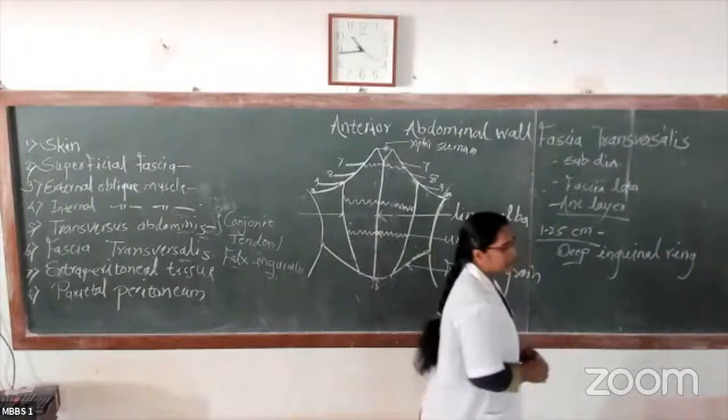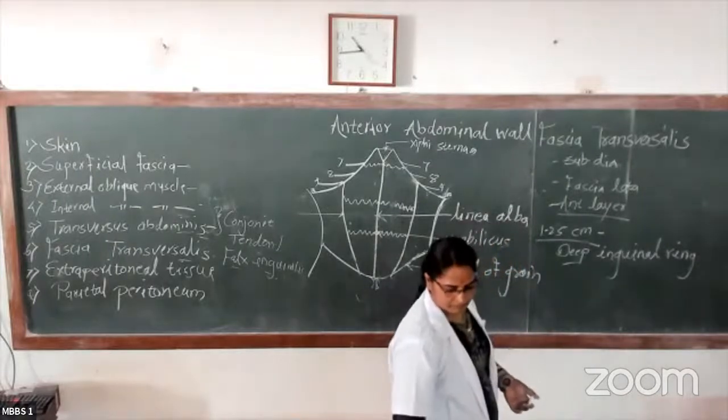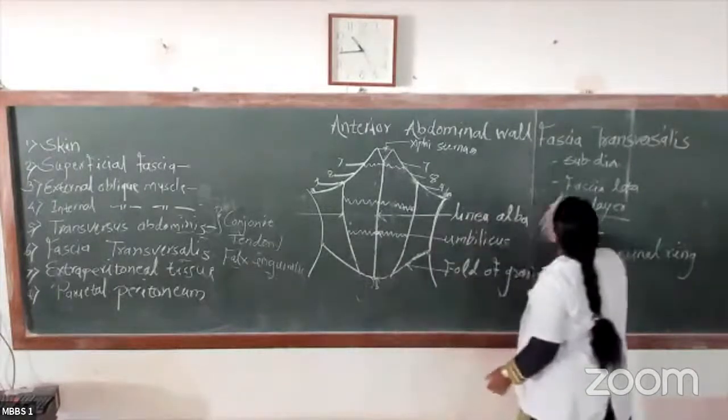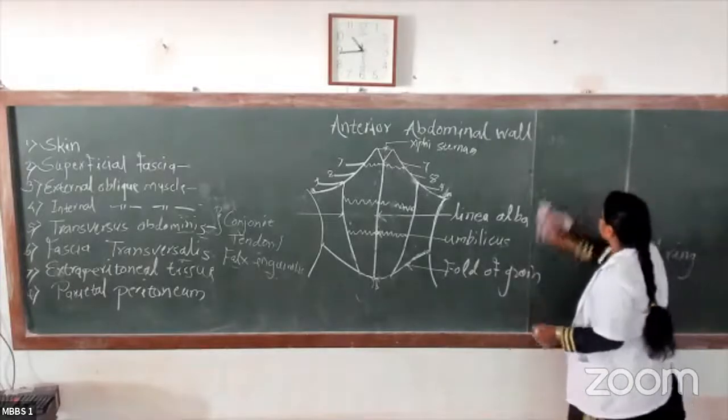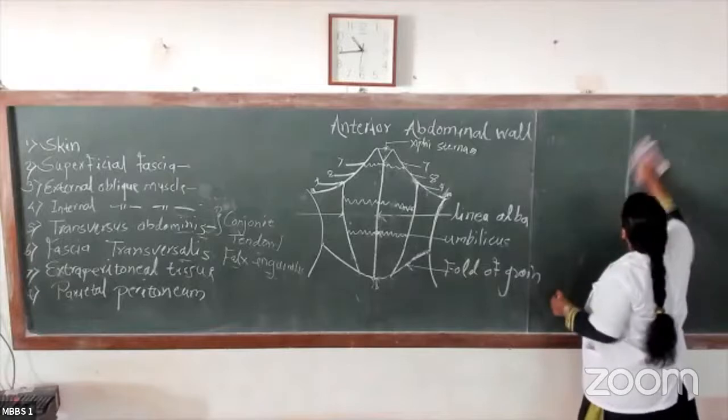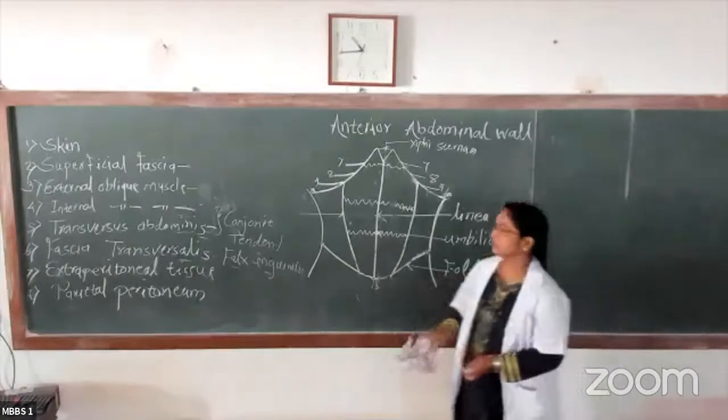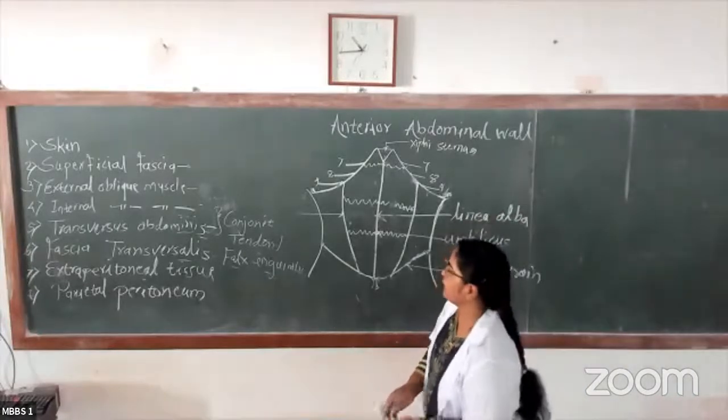So this is the fascia transversalis. Deep to this fascia transversalis, there is a layer of extraperitoneal tissue.